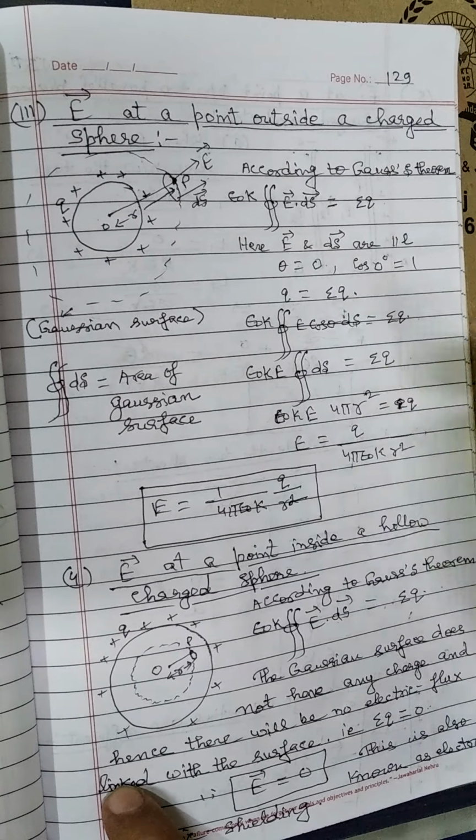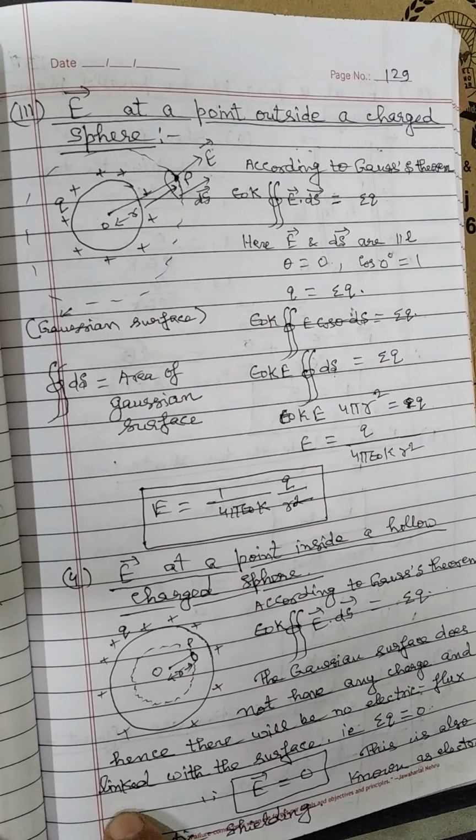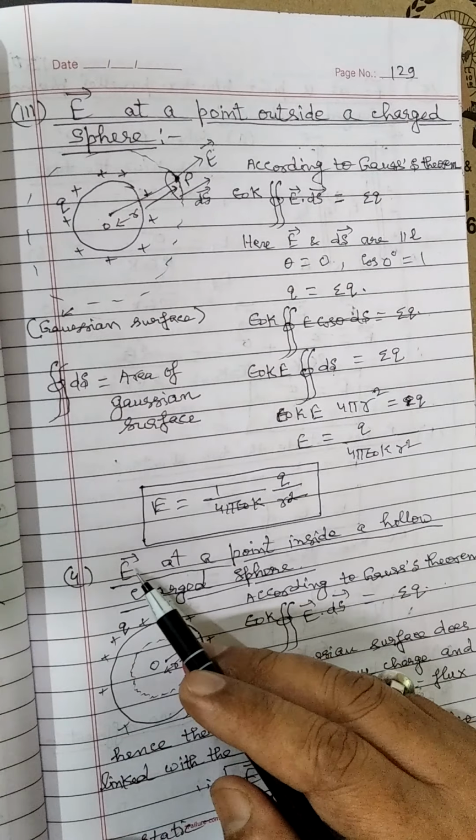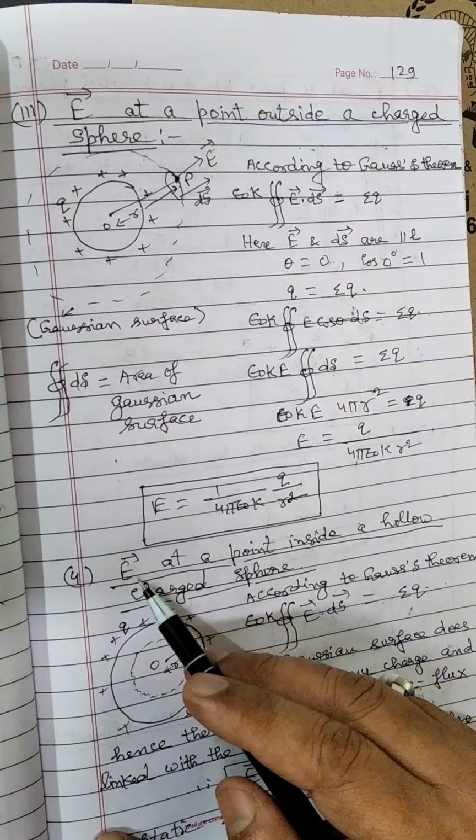It is 4 pi r square, if the radius of this sphere is small r. So E is equal to q upon 4 pi epsilon naught r square. This is, I think, the common general formula for the electric field at any point.